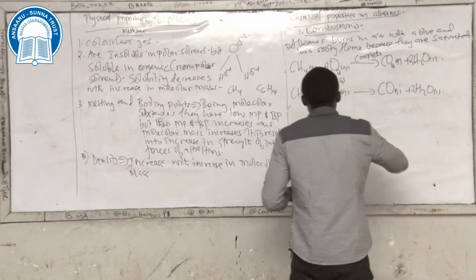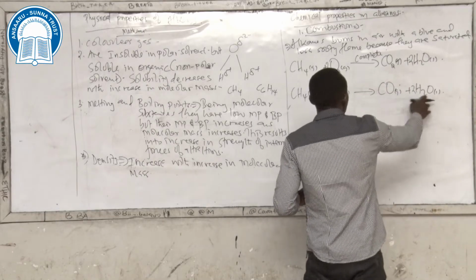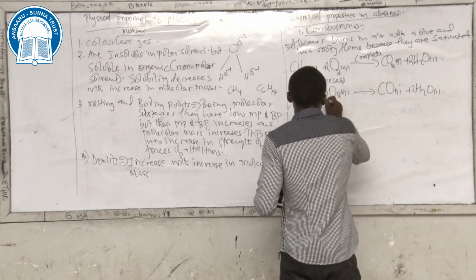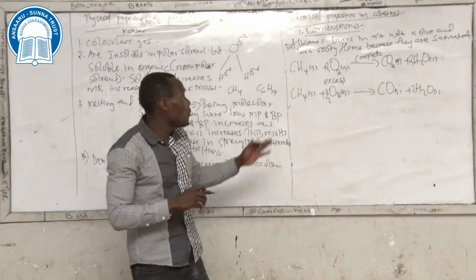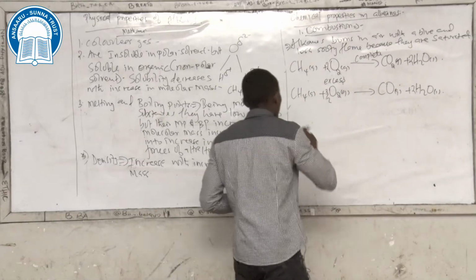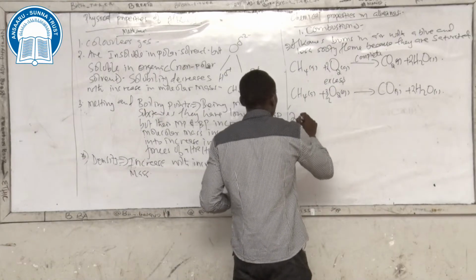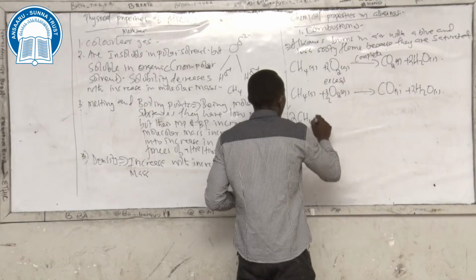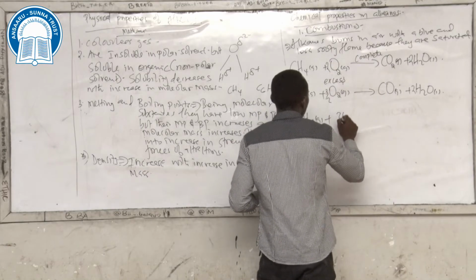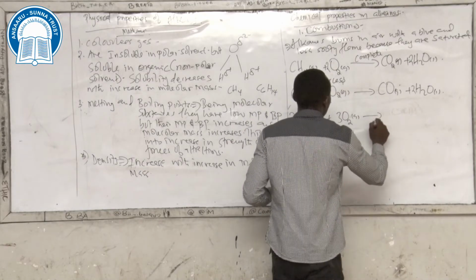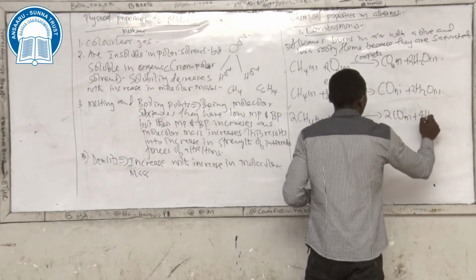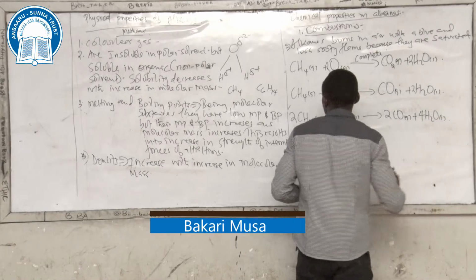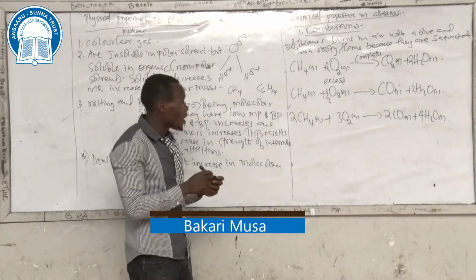Oxygen here is 2, here we have 3 oxygen. We can put here 3 over 2. That equation is balanced. Or we multiply everywhere by 2. Now we get 2 CH4 gas plus 3 oxygen gas, giving us 2 CO gas plus 4 H2O liquid. So that's the product that's going to be formed.